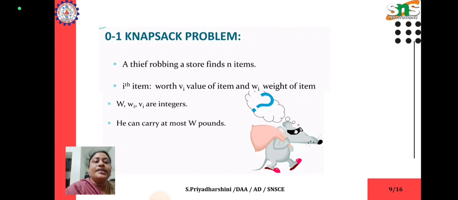We take all these three things as integers. And remember that he can carry at most W pounds. In 0/1 knapsack, items are indivisible; he cannot take a fraction of an item with him.